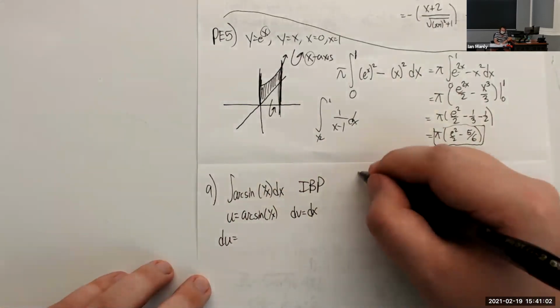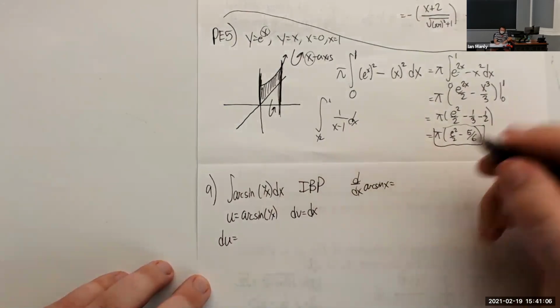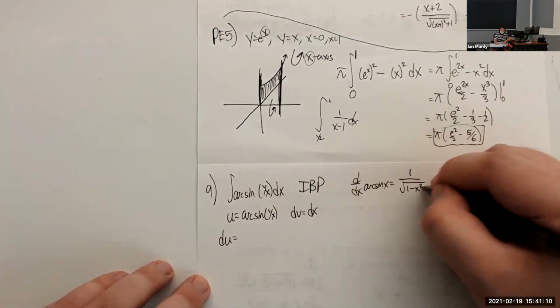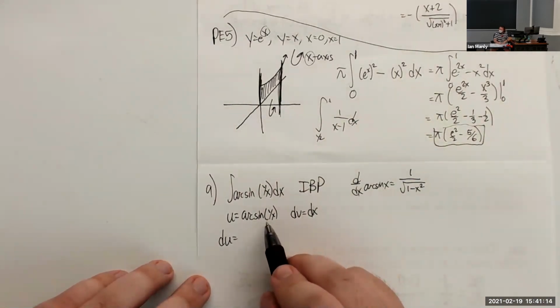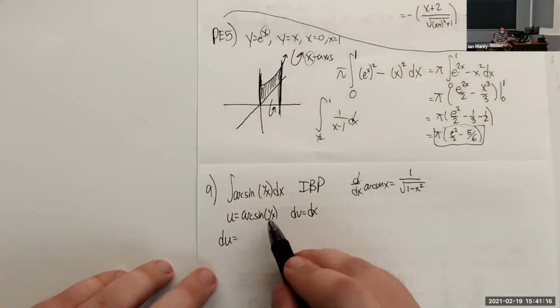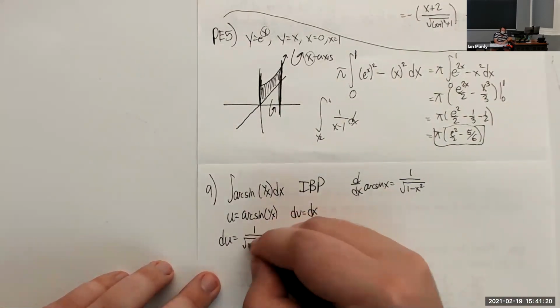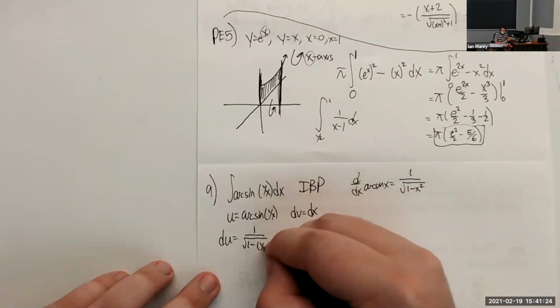So let's remind ourselves what the derivative of arc sine is. The derivative of arc sine of something is 1 over the square root of 1 minus x squared. So if I want to do the derivative of arc sine of 1 over x, we're going to have 1 over the square root of 1 minus, now instead of x, I have this in here, so I'm going to square that instead.